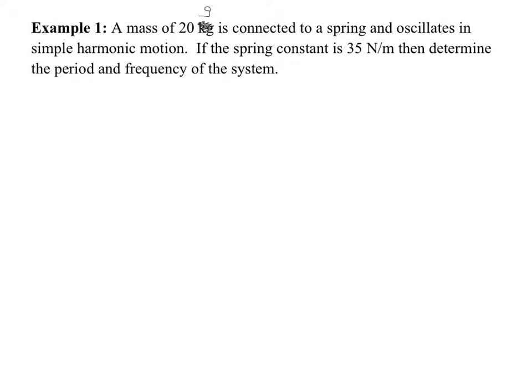So looking at what I'm given, I write down first that I'm given a mass of 20 grams, which is 0.02 kilograms. In your lab you were given different numbers, but it's no difference at all. You were given the mass, same thing. In the lab, you calculated K. Here, I'm telling you the K value of this spring: 35 newtons per meter.